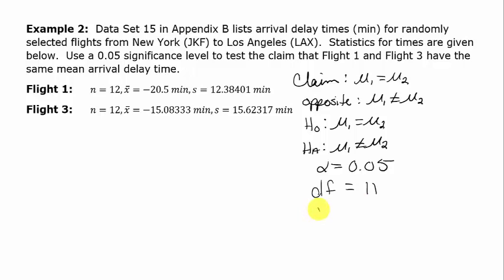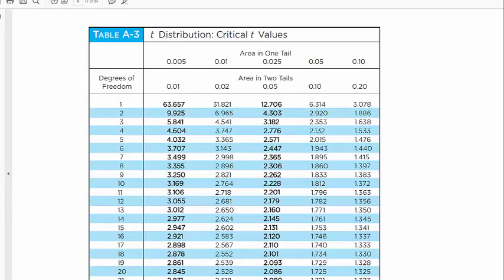Now we can find our critical value. So here's our t-table. We need the area to be in two tails. Our significance level for this test was 0.05, so we'll be using the third column over. We want that 0.05 to be in two tails because we have a two-tailed test.